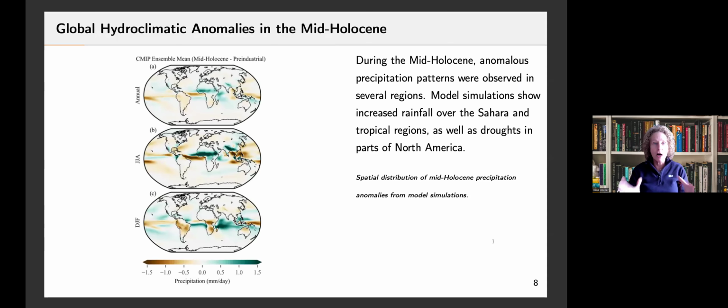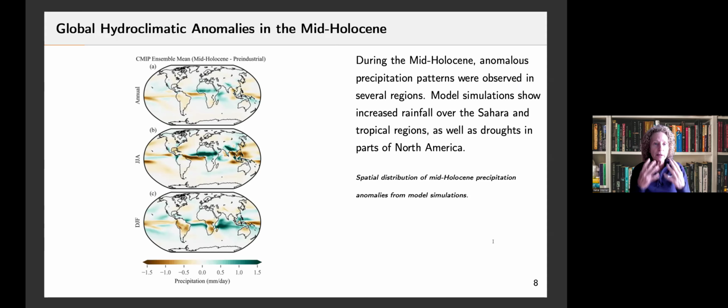So what is the context here? We're talking about hydroclimate anomalies. Okay, simply, this means that evaporation minus precipitation is changing. And, before I continue and show the results that you can see on your left, I must say, I work with climate models.